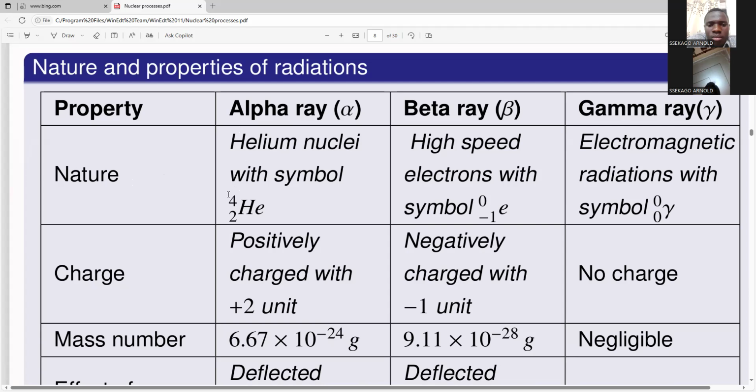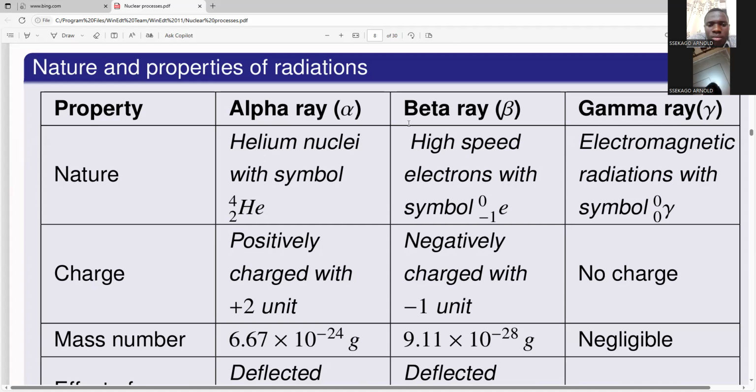Helium is an element of the periodic table which has this symbolic representation. So if we have a heavier unstable atom, that atom can decompose to give something which is small and stable by emitting the particle of helium. And the particle of helium is what we call the alpha particle. So alpha particles are helium nuclei with this symbolic representation.